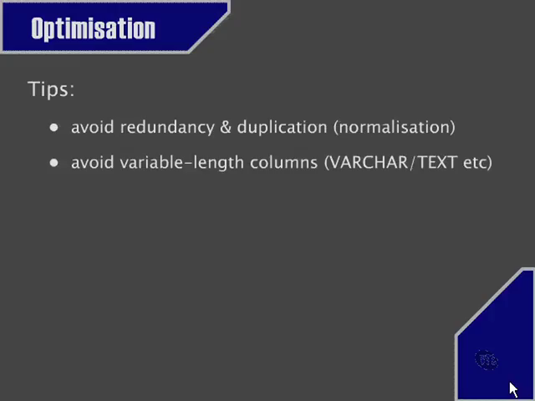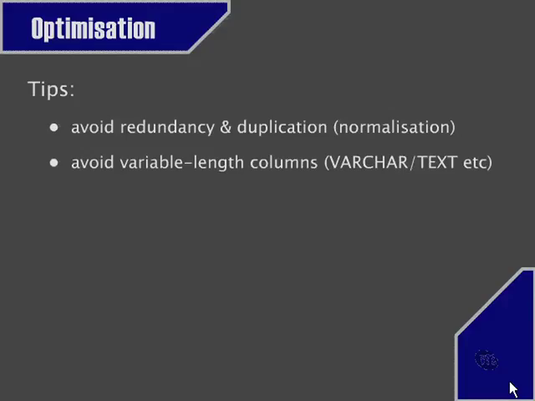This is one of the occasions on which storage space, as a consideration, should give way to the speed of access. If you include any variable length columns within a table, the way that it has to be accessed is a lot slower than if the columns are all fixed width.